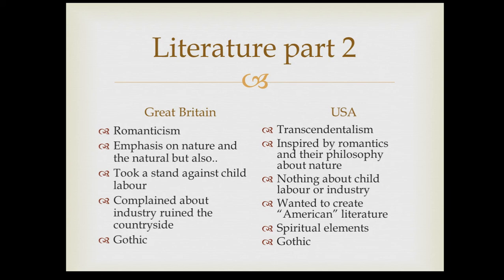They took a stand against child labor and complained about the industry ruining the countryside, whereas the Americans didn't really care about that. They cared more about wanting to create American literature, what was typically American. So, for example, the idea of the American hero is born around this time.